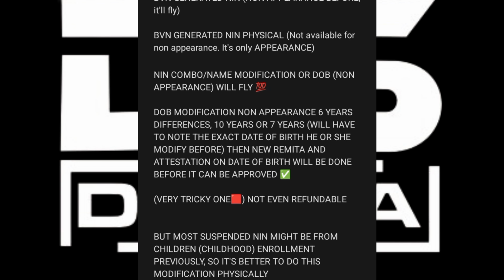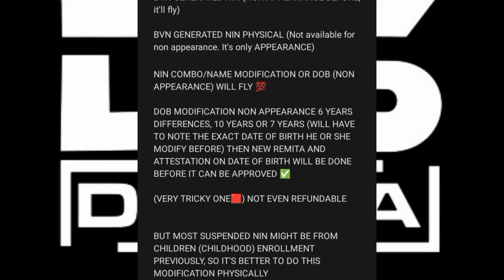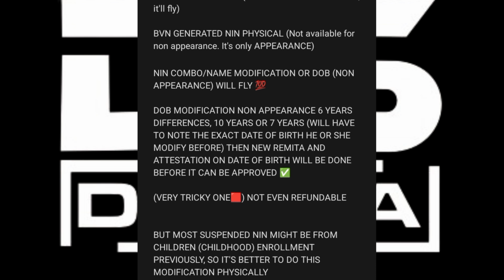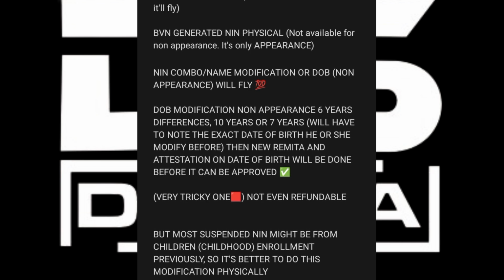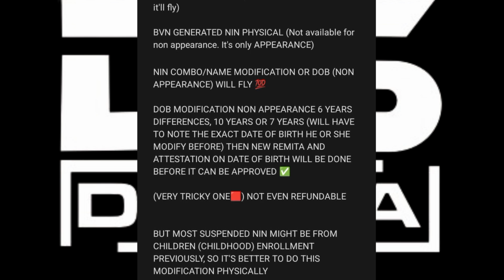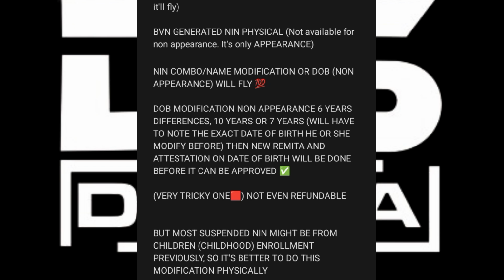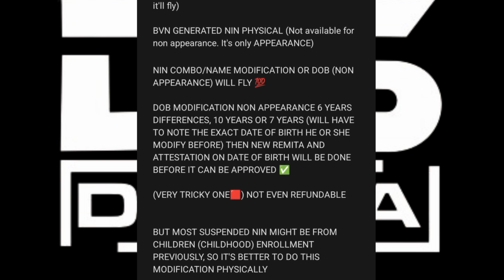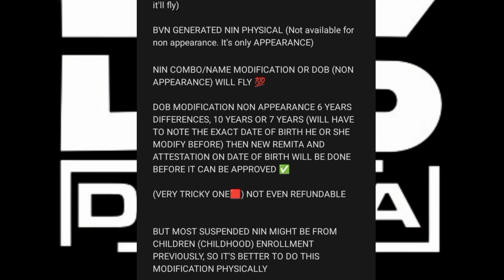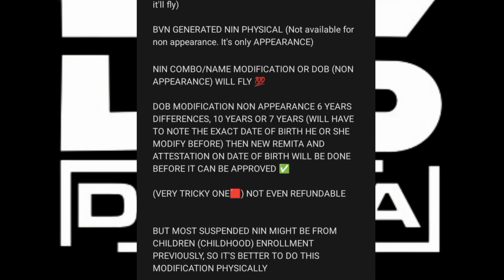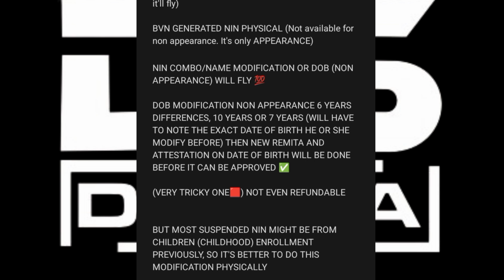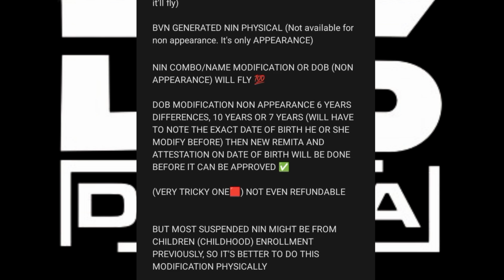So those are BVN generated NIN. Those ones, they tend to be automatically suspended most of the time. So we have to turn it to normal NIN. I mean, do normal enrollment to turn into normal NIN before you can now do any kind of changes or anything on it.